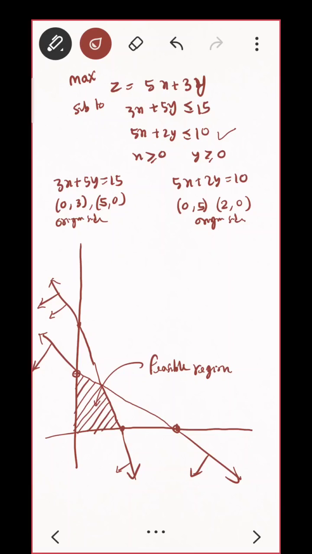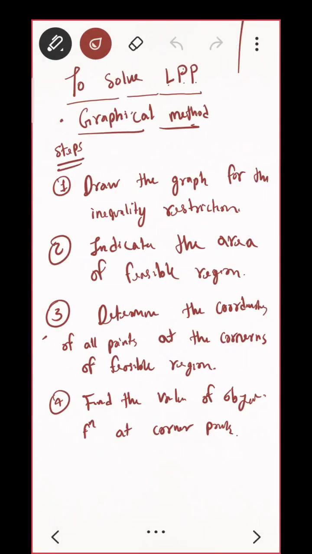Perfect. Now what is step 2? We are done with step 1. What was this point? This was I think 3. You can write, if you want, 2 comma 0, and you can write this as 0 comma 3. What is step 2? After drawing the graph, that we have already done, correct?